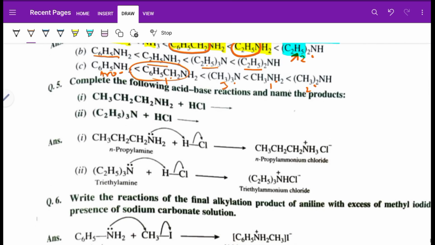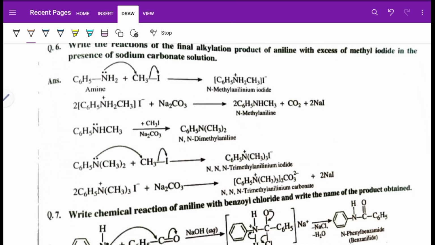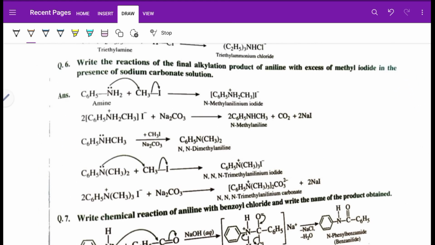Next, complete the following acid-base reaction. Just it will abstract the proton and it will form a salt like this. Next, write the reactions of the final alkylation product of aniline with excess of methyl iodide. Now, this is the alkylation reaction.